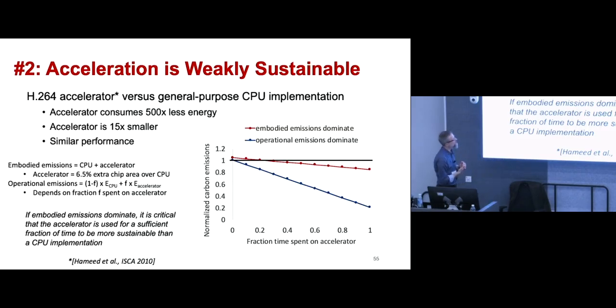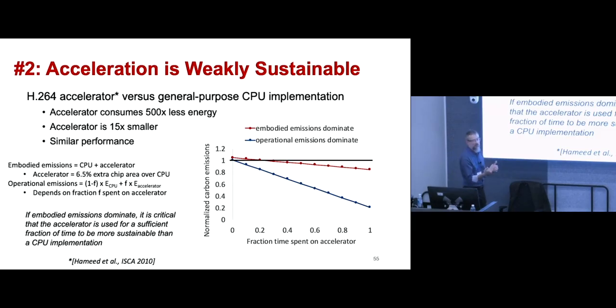So the question then is, is adding this accelerator on top of the CPU going to be sustainable or not? In terms of the embodied footprint, we need to add the accelerator next to the CPU. That's going to add a 6.5% increase in chip area. So the embodied footprint is going to increase. But in terms of the operational footprint, we may actually reduce it.